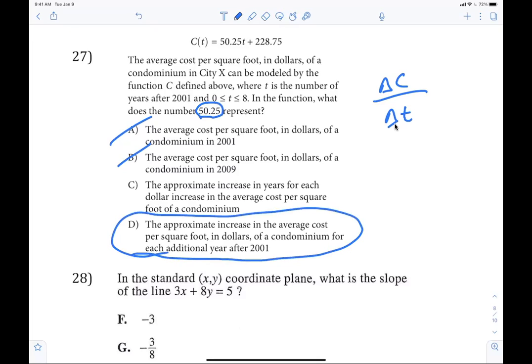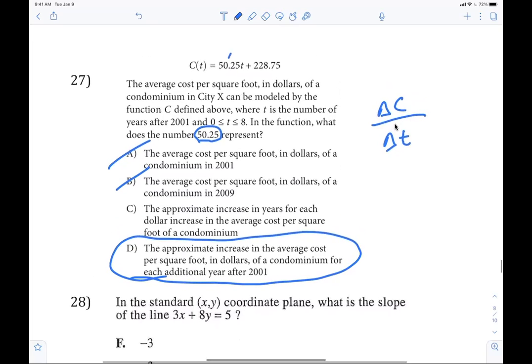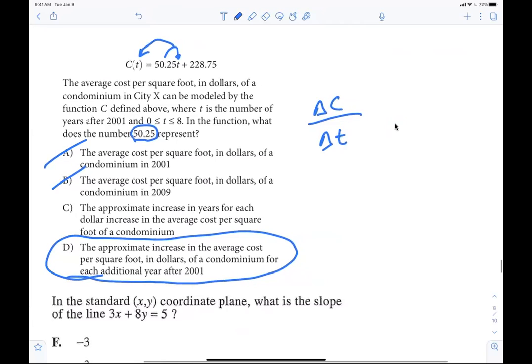Once you know that, it's so easy. But everybody makes a mistake because they look at 50.25 and relate it to T. It is not related to T. It's related to C. But why is T there if it's related to C?